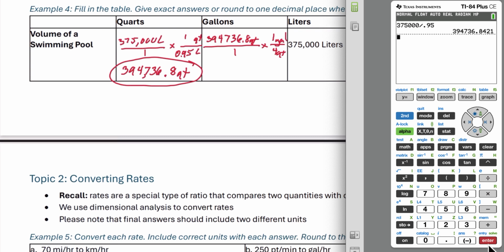So we need to divide that number by 4. This gives us 98,684.2 gallons.